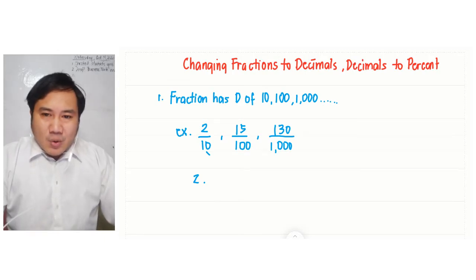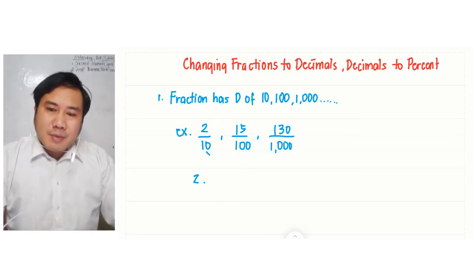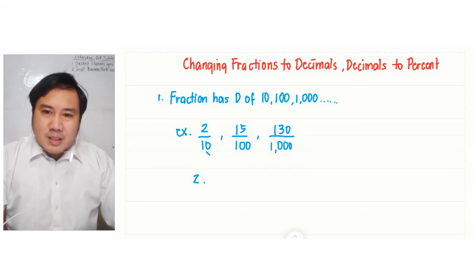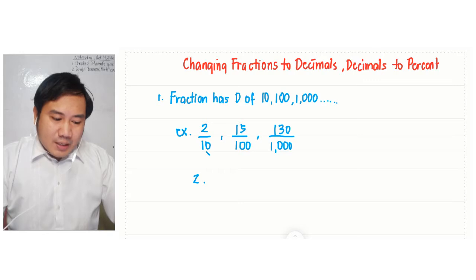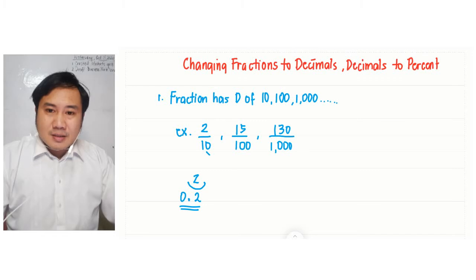So, 10 has 1 zero, therefore there is 1 decimal place. So, we're going to move the decimal point papuntang kaliwa. Since 1 yan, isang decimal place papuntang kaliwa. So, therefore, 2/10 is equal to 0.2 in decimal.